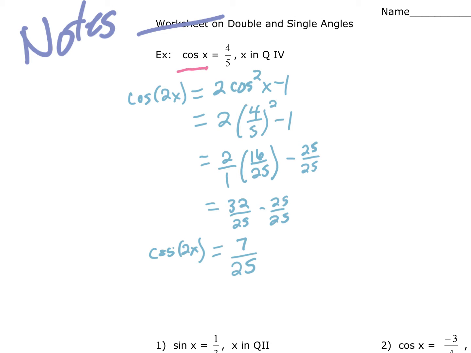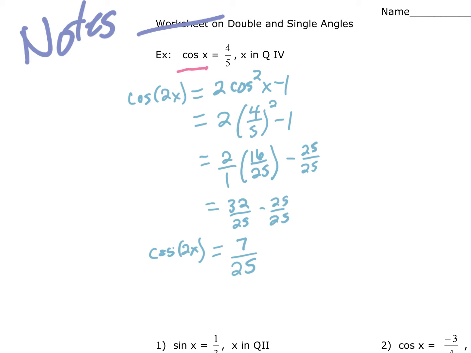And I just realized I forgot to talk to you about what the directions are going to say. I purposefully did not include directions because sometimes they're going to ask you for just a specific trig function.